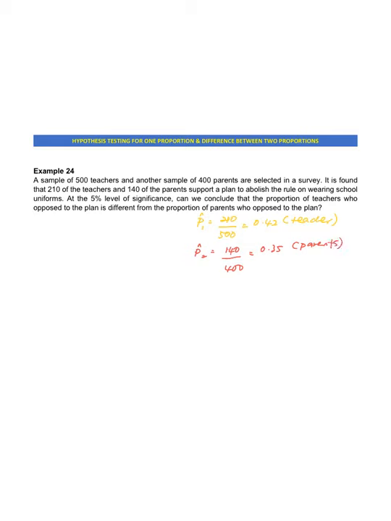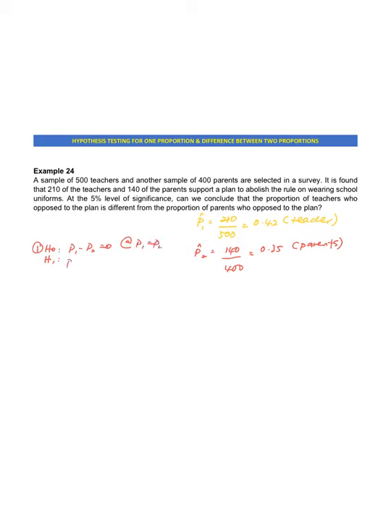Now we want to test whether we can conclude that the proportion of teachers who oppose the plan is different from the proportion of parents who oppose the plan. So our first step is, as usual, to state the null and alternative hypotheses. For our H naught, p1 minus p2 equals 0, or you can also write it as p1 equals p2.